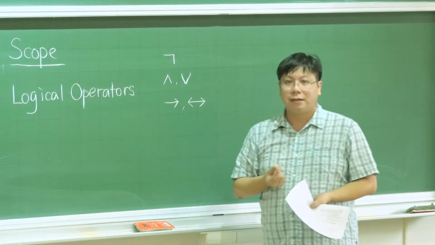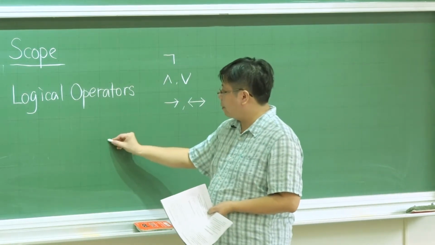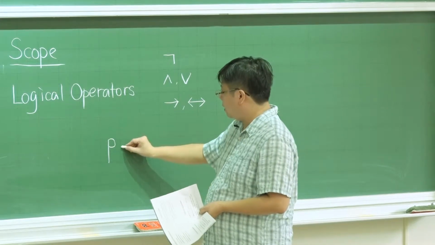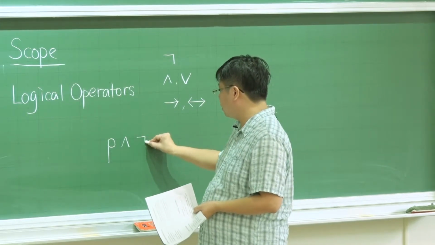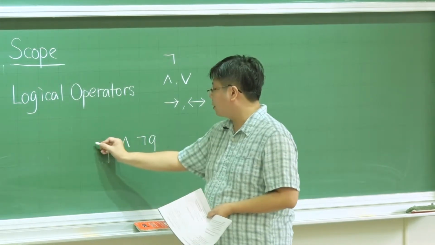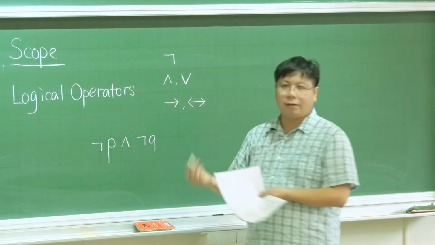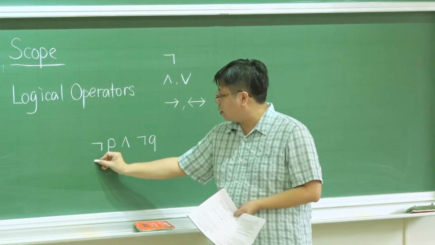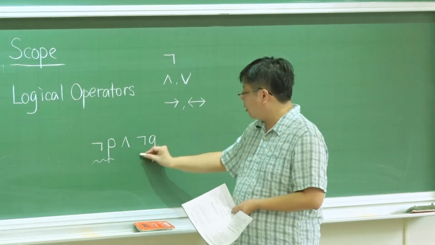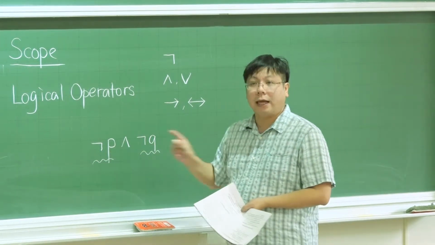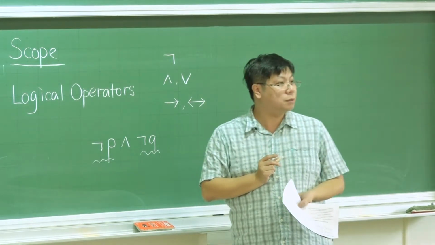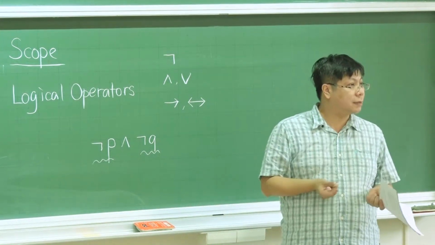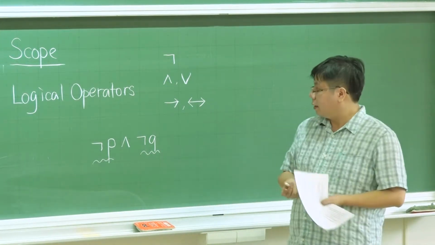Is that okay? So for instance, if I have some proposition P and some proposition not Q, and there is some proposition not P and not Q, something like this, we can understand that not P is applied first, not Q is applied first, and then we apply this and later. So in that case, we don't need brackets to be specified. Okay?